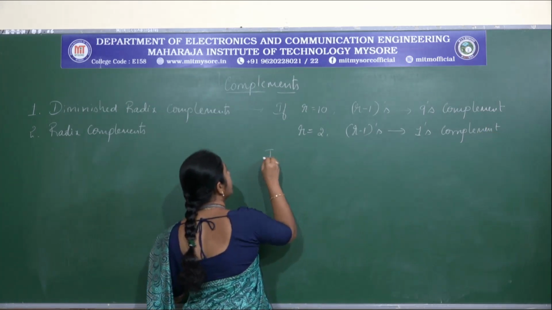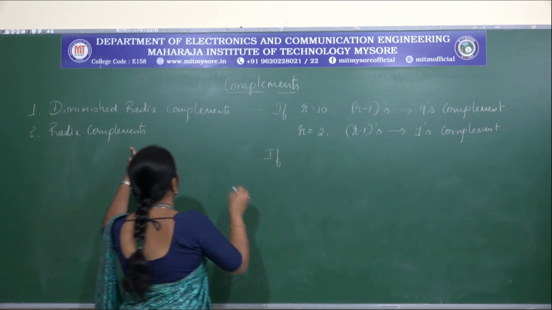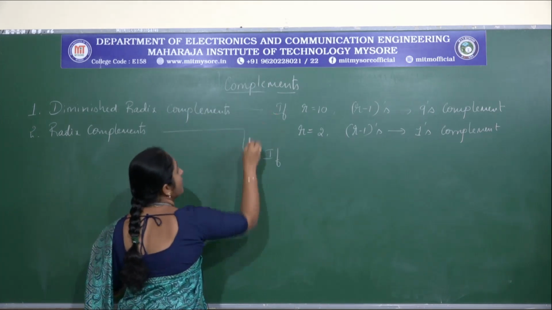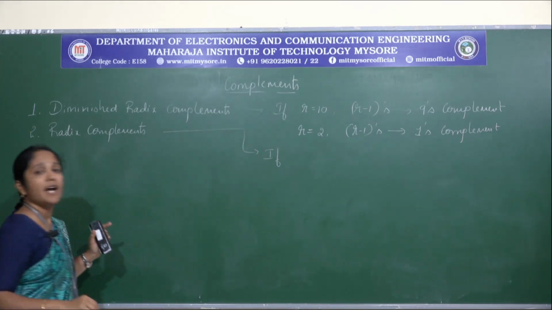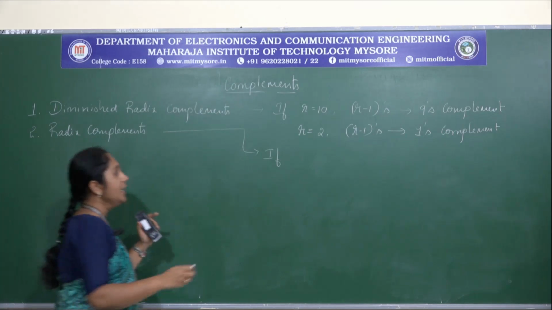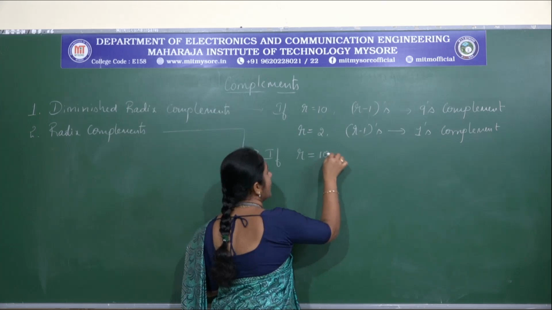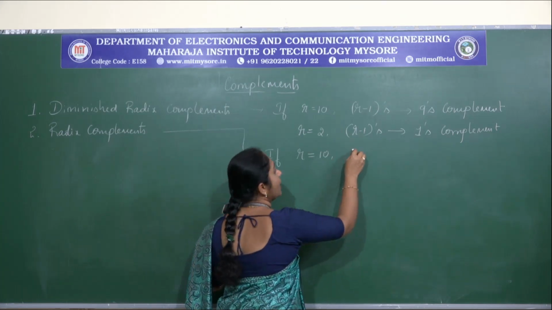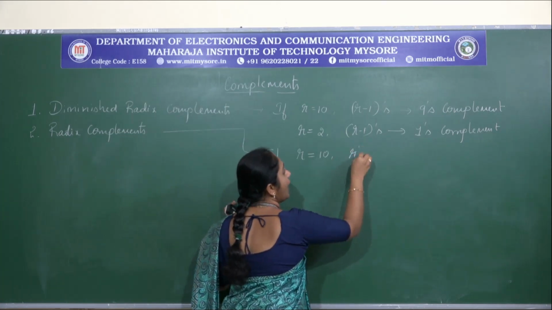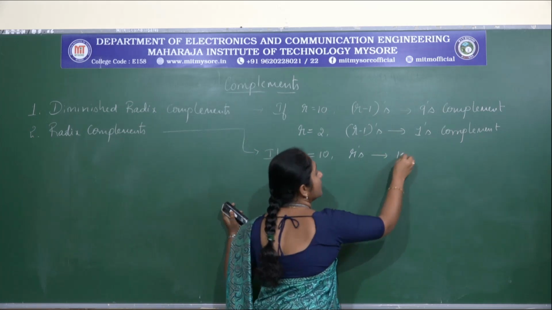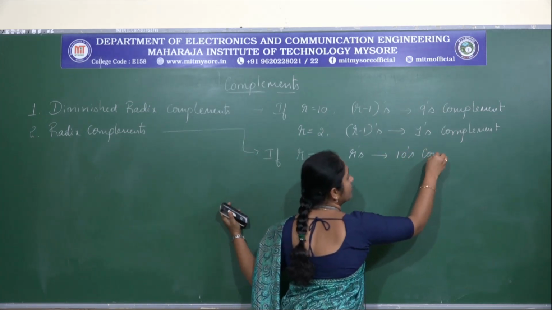Next, the radix complement. If the base r is 10, the radix complement is represented as r's complement, which is 10's complement.